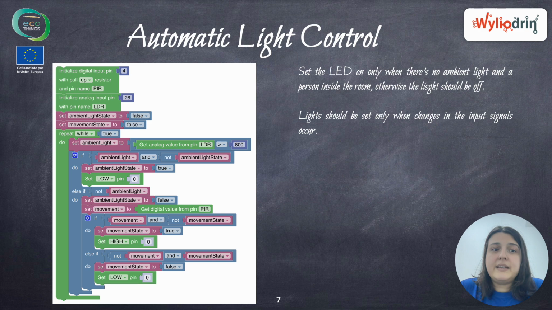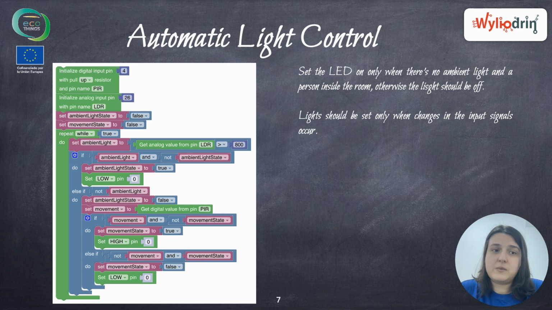Otherwise, if we are in the case that there is no ambient light, we need to see if there's motion in the room. So now we set the ambient light state to false if there's no ambient light in the room. And now we read the movement that we store inside the movement variable. And now we check if there is movement in the room. If there is movement and there wasn't movement before, that means that we want to set movement state to true and we want to turn on the LED.